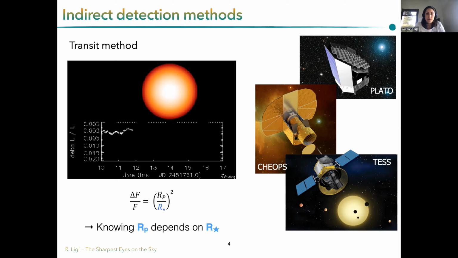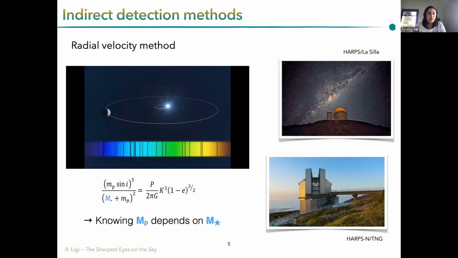And there is a big mission called PLATO, which will be launched in a few years to detect also a lot of exoplanets and hopefully terrestrial exoplanets. There is also the radial velocity method, where we measure the gravitational response of a star and a planet orbiting around the gravitational center.